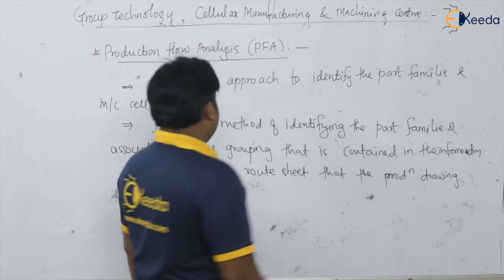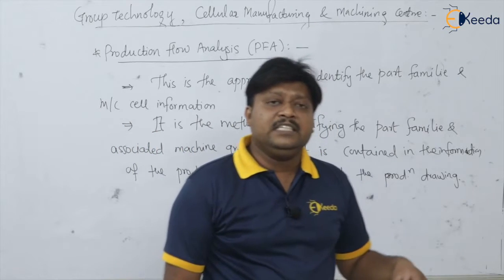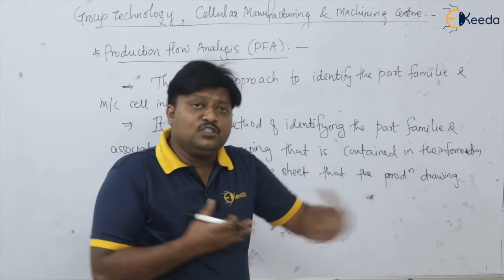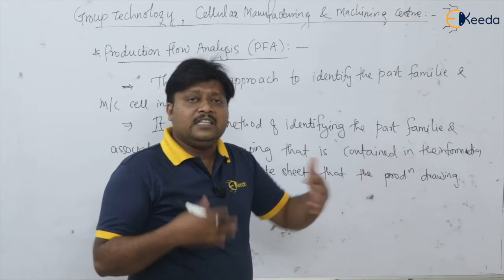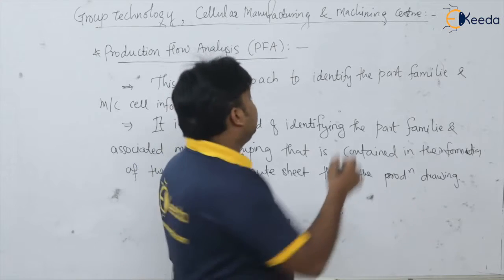Okay, so here how are we going to identify the part families and the machine cell information from the route sheet, the routing sheet? What is a routing sheet? Nothing but the sequence of operations that is going to be performed for making that part. That is nothing but the routing.